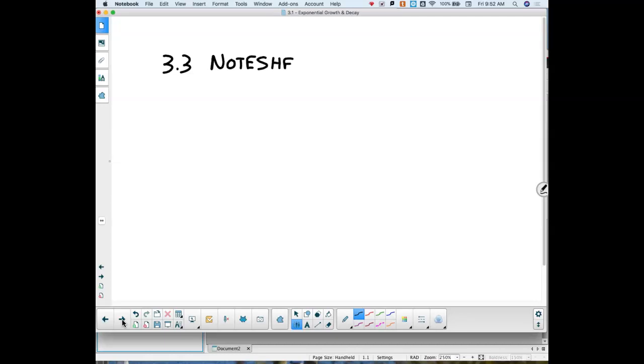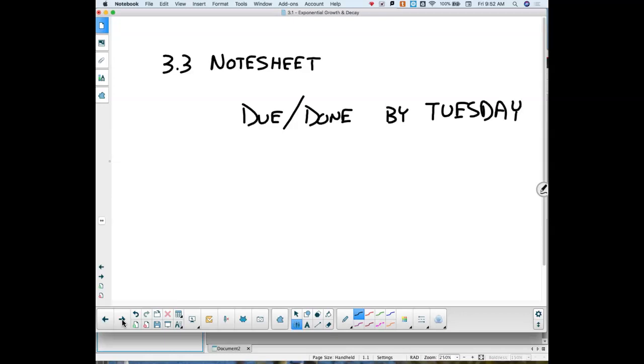That 3.3 note sheet needs to be done by your 4-mod class. There's videos to go along with it. Depending upon how much you remember is going to depend on how many videos you need to watch. But we will be walking around the room on Tuesday at the beginning of class asking to see this worksheet. Complete it as an assignment.